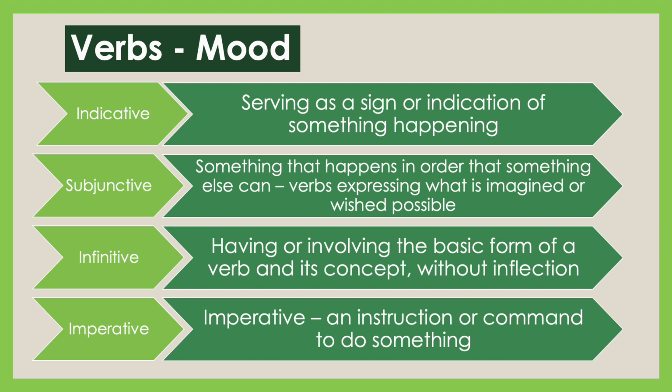Infinitive is a verb that has the basic form of the verb concept without any other inflection. It's usually translated with to before it, so to have faith, for example. The imperative is about giving an instruction or a command to do something.